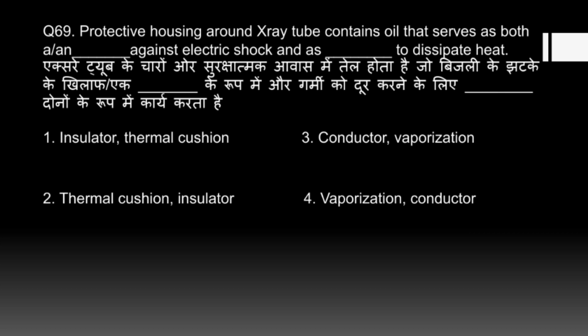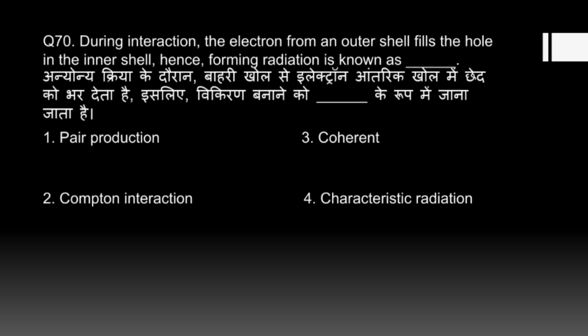So here the answer is: the X-ray tube housing contains oil that serves as an insulator, which means it provides insulation that helps protect against electric shock, and it also acts as a thermal cushion to dissipate heat. So here the right answer is option number 1, which is insulator or thermal cushion.